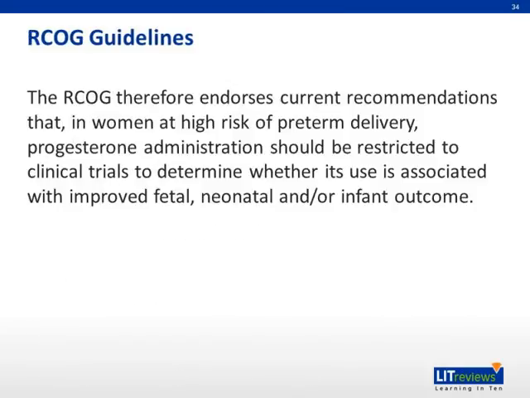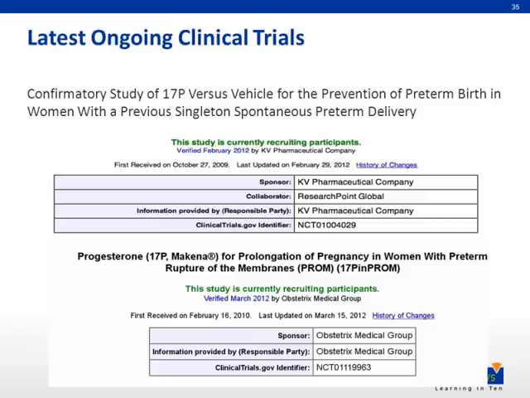RCOG endorses current recommendations that in women at high risk of preterm delivery, progesterone administration should be restricted to clinical trials. The two most recent ongoing multi-centered clinical trials include studies investigating the use of Proluton in women with a previous preterm birth and the use of Proluton in women with premature rupture of membranes.